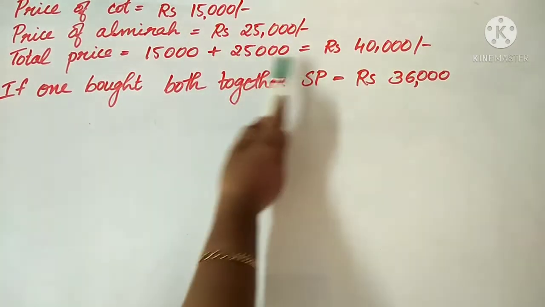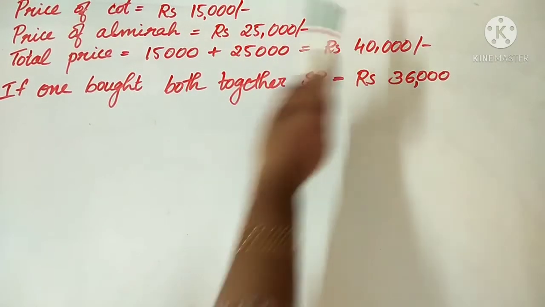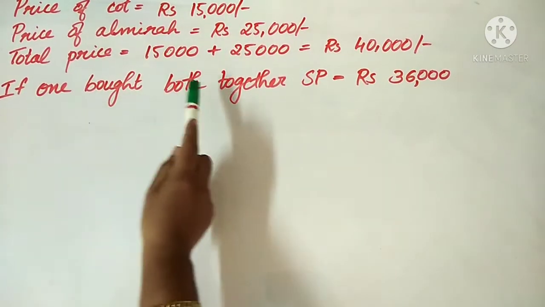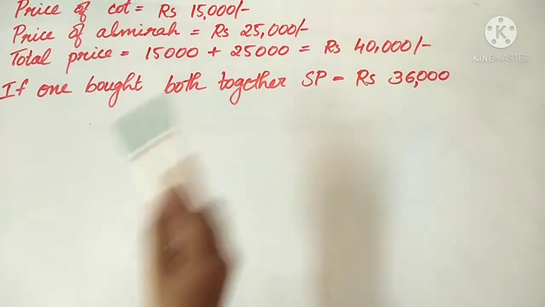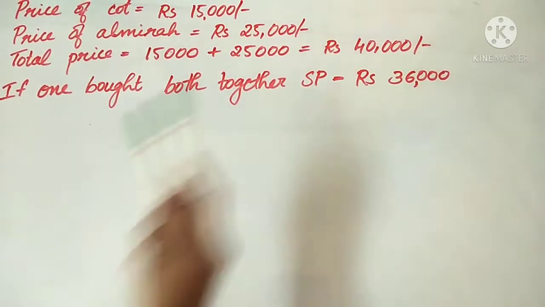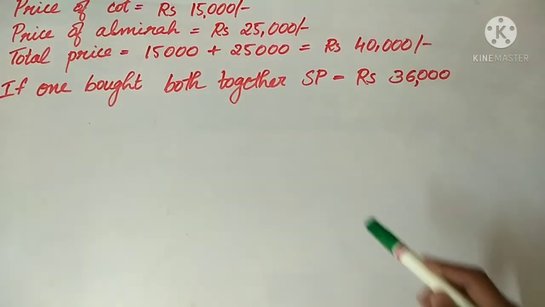So total 40,000 rupees. If one person is buying both the cot and almirah together, they will get it at rupees 36,000. We have to find how much is the discount percent in this deal.